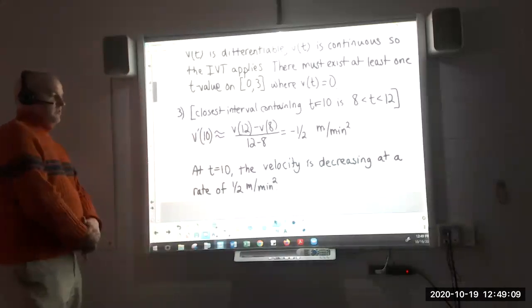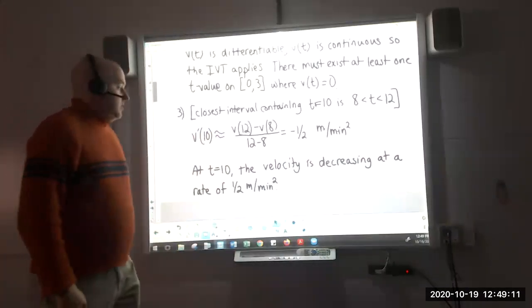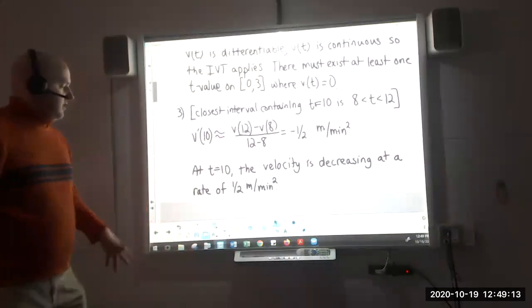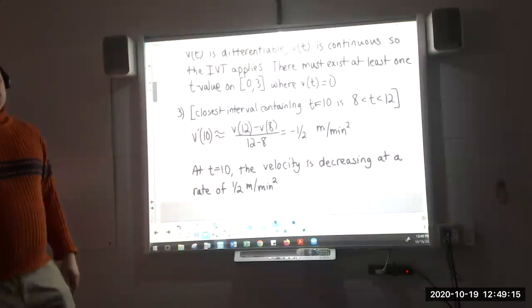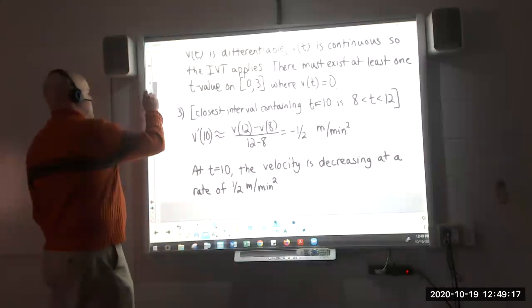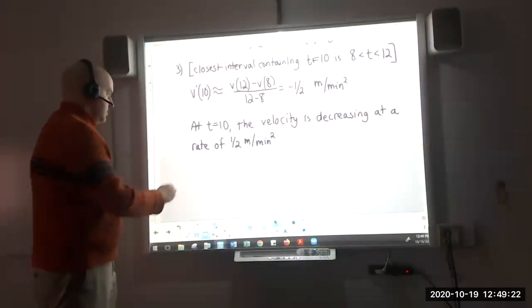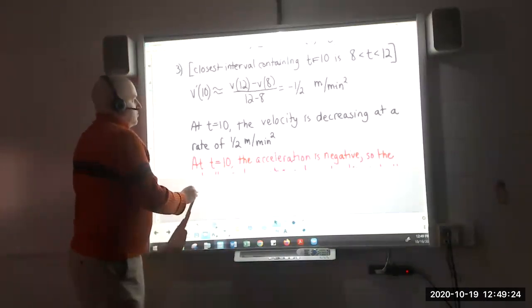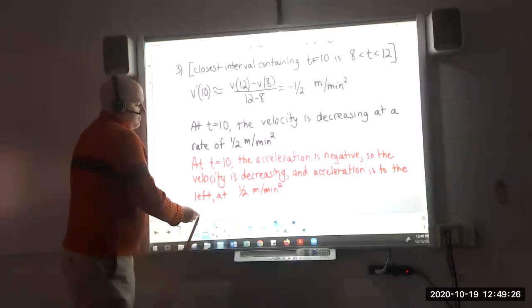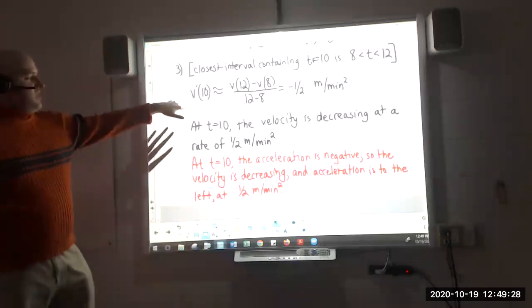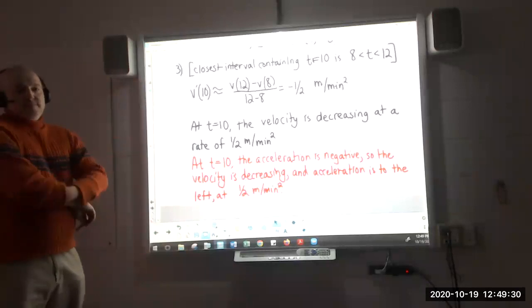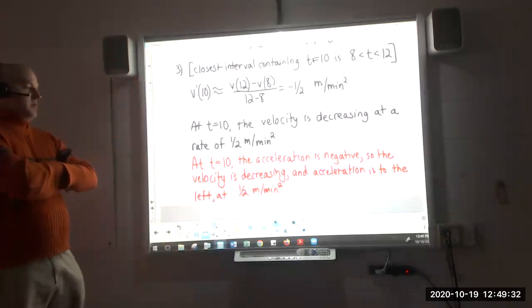And then the interpretation. Notice how I said when, notice how I said what's going on, and I've got the correct units. There's another way we could interpret this, and that's because of the language that we're using. Remember that V prime of 10 is A of 10. So we have a negative acceleration.